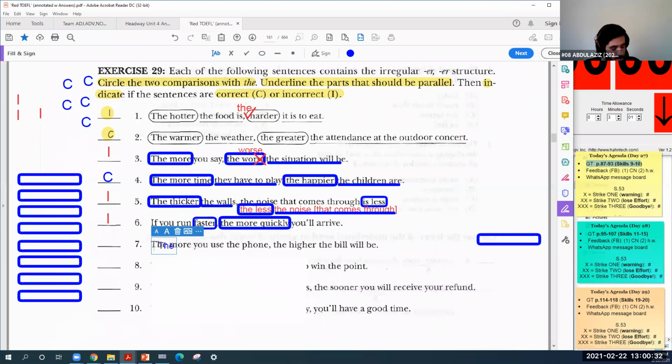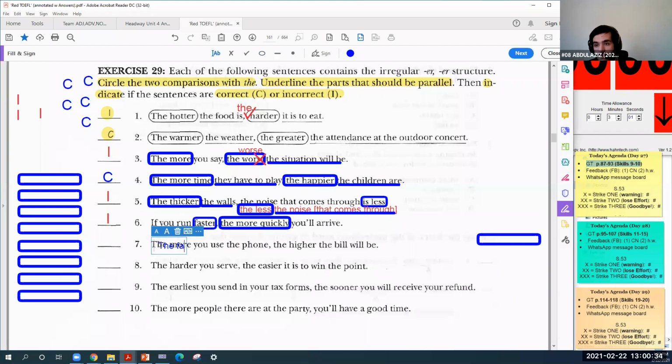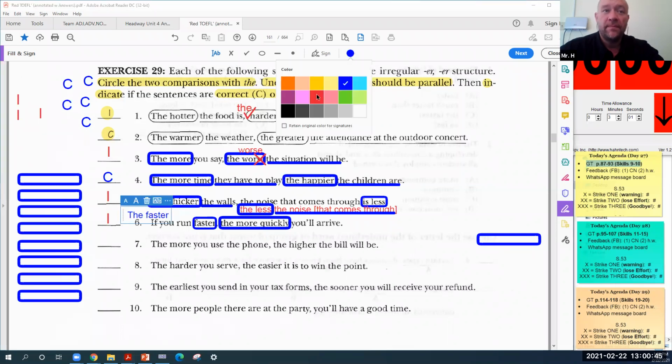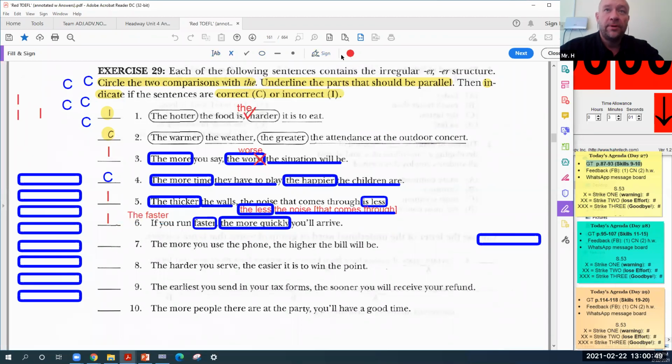Correct. The faster you run comes at the beginning, not at the end.